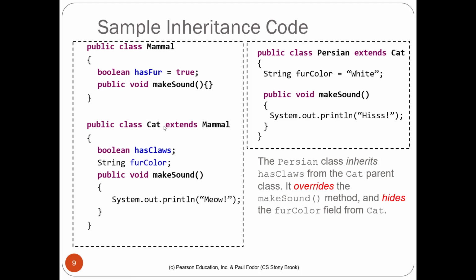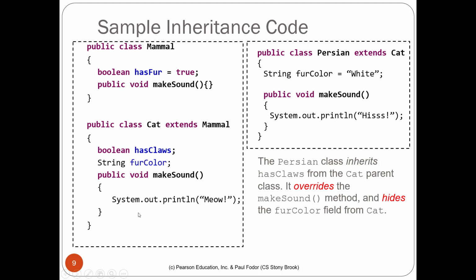A mammal that has another feature which is about claws. It has claws or does not, we can define that. Not only that, we have another data member which is fur color. So fur color was not here, right? It just had one data field which is has fur or not. Okay, so cat class got specialized by adding these two additional data members.